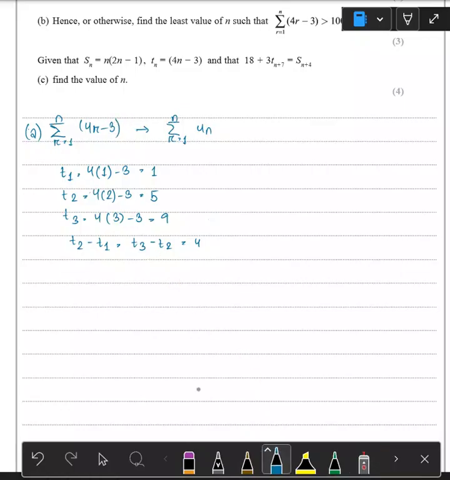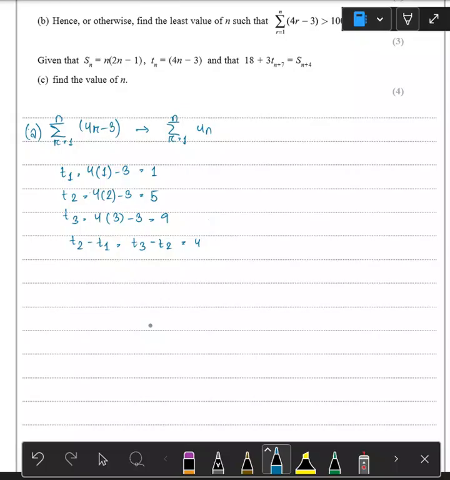I will explain how to identify a geometric progression in another video, but you identify it either by finding a common difference, as we did here, or a common ratio. If there is a common ratio, then the un given is for a geometric progression.